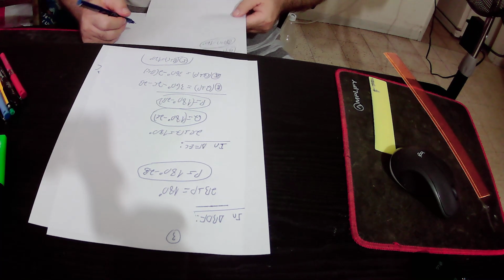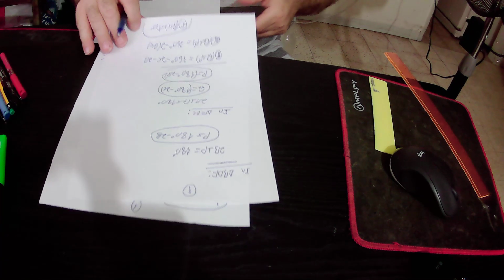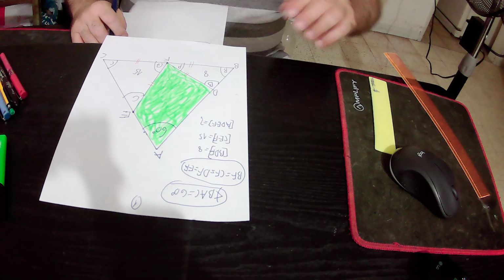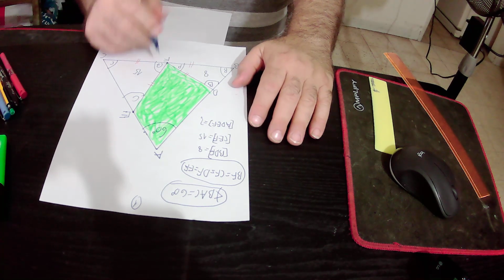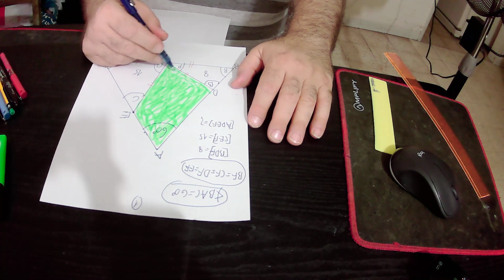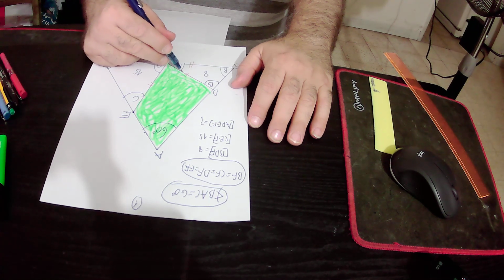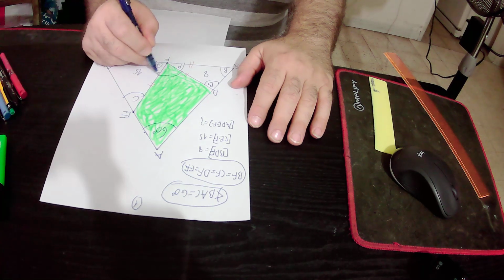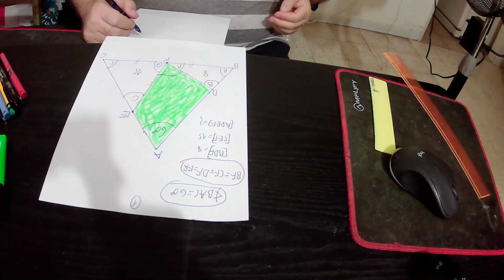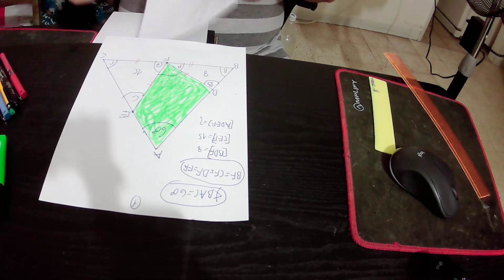so in the next step we will find out the size of angle DFE, the size of this angle, according to a new rule, rule number 2.